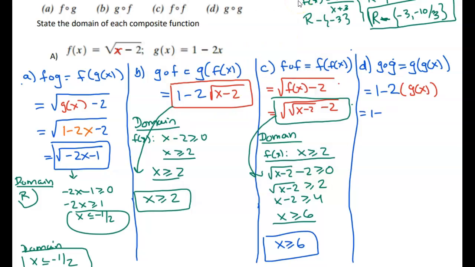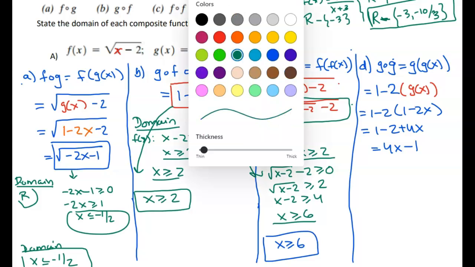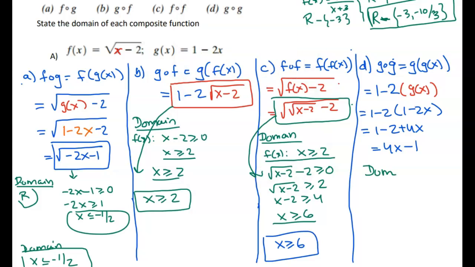So it's 1 minus 2 times 1 minus 2x. 1 minus 2 plus 4x, which is 4x minus 1. Alright, so the domain. The inner function is g of x, which is a polynomial. The result is a polynomial, so the domain is all real numbers. Okay, no restrictions.